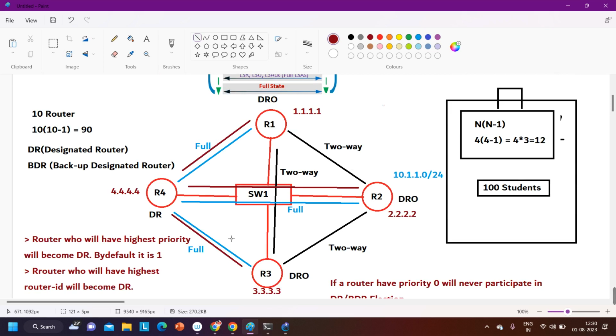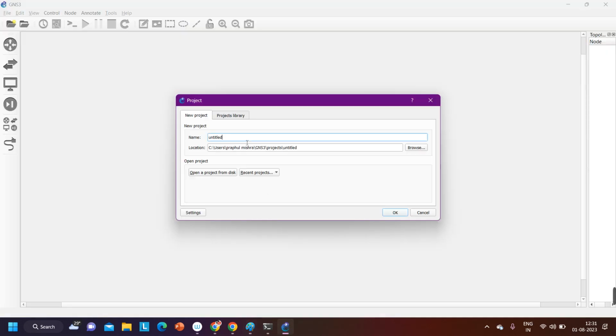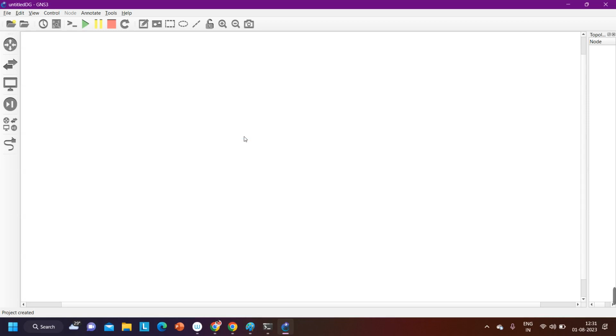Getting my point? Here DR and BDR is not required because between router 1 and router 2 there is a point-to-point connection, and between router 2 and router 3 there is a point-to-point connection.